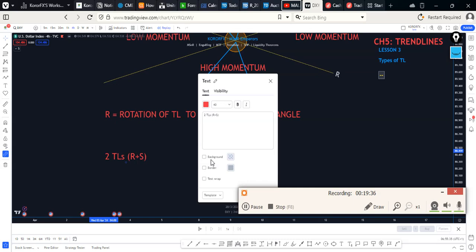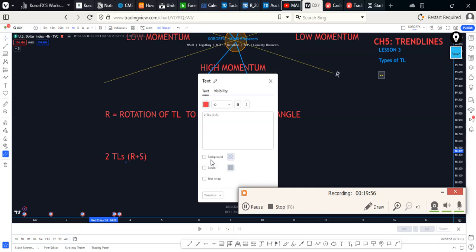So this is the secret or trade secret that I always use and employ on a daily basis. So I hope that these types of trend line help you understand. There are other videos coming soon.